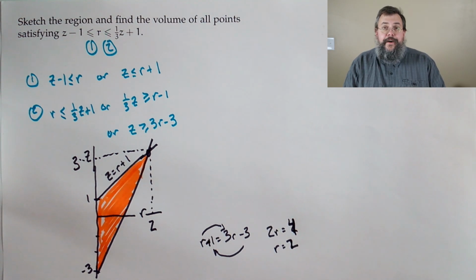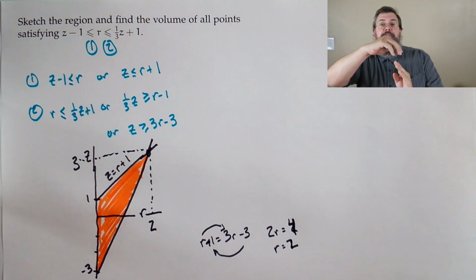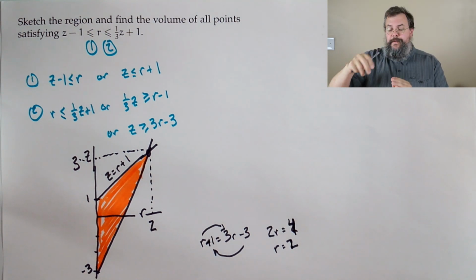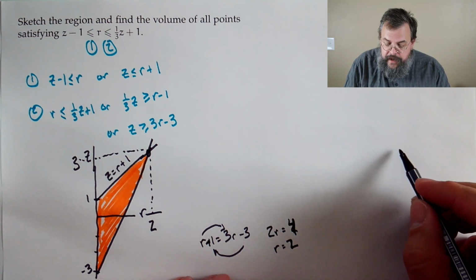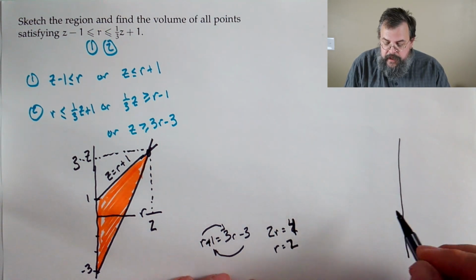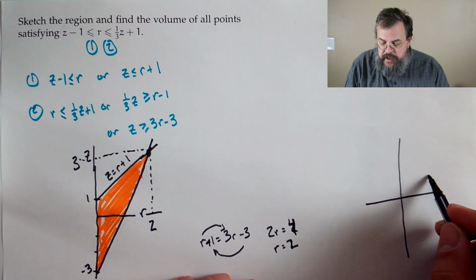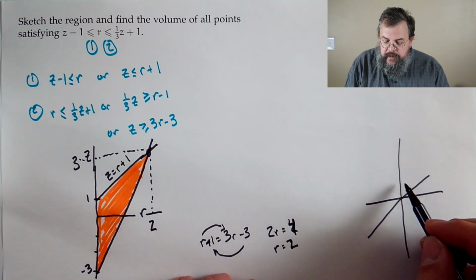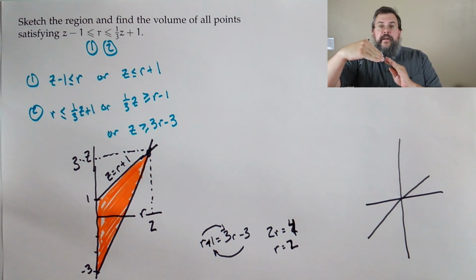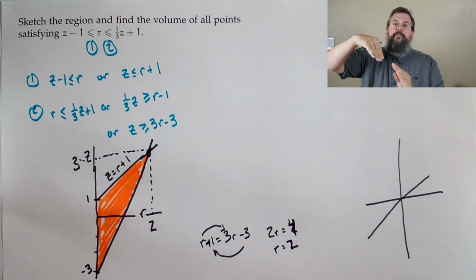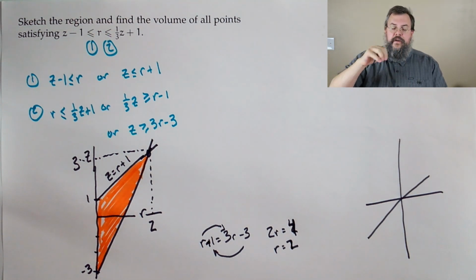Okay, now, this is just one cross-section. Spin it. And what do we have? What you end up with is the following three-dimensional object. You have cones. Whenever you spin a line inside this RZ, you're going to form a cone.